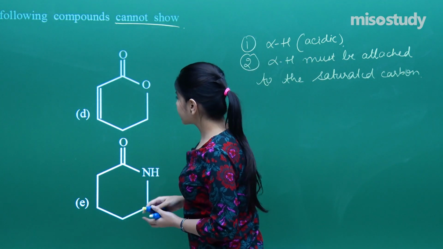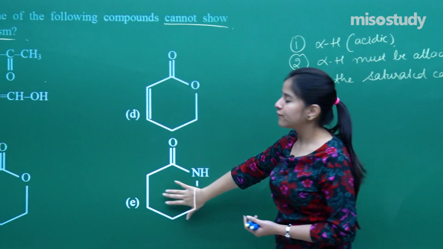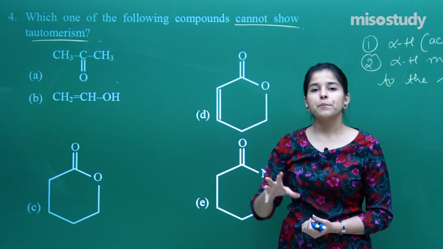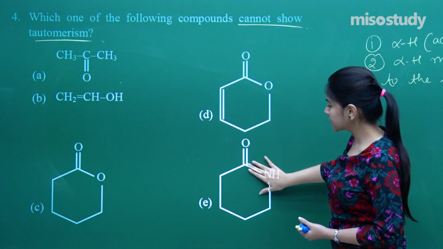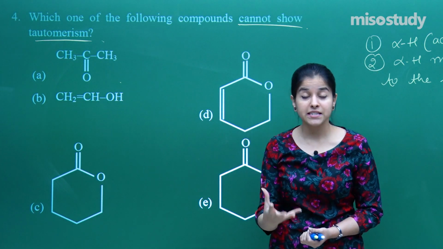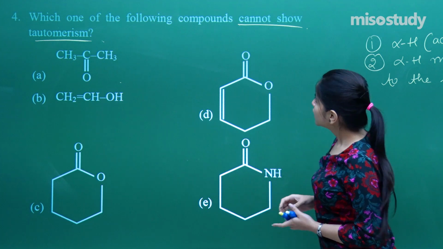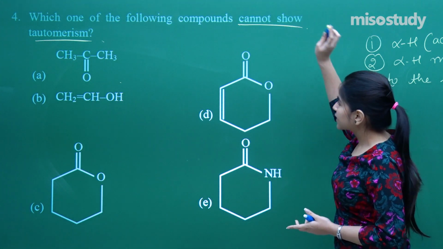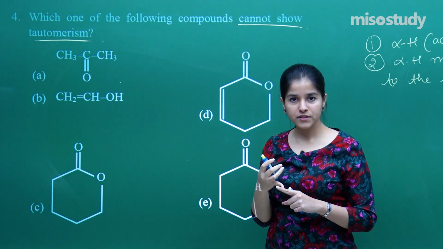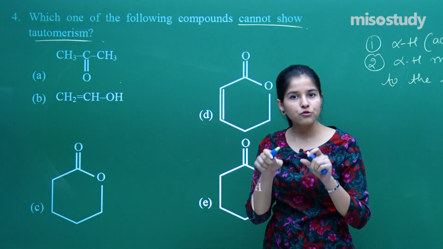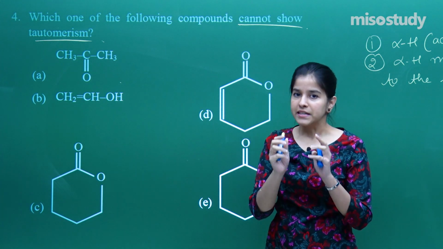So if you observe over here, I have taken up 5 options, not typically a pattern of JEE Advanced, but I have taken the 5th option in order to increase the level of difficulty. So here I need to find out that compound which cannot show tautomerism. So you need to find out the alpha hydrogens, that too acidic, and that too connected with a carbon which is saturated.